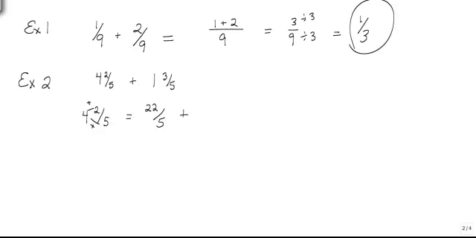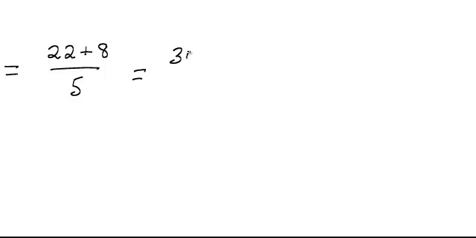I want to take 5 times 1, which would be 5, plus 3, which would be 8, over 5, and I'm going to erase that portion. And now I add the numerators. 22 plus 8 over 5, which turns out to be 30 over 5, which is the same as 6.